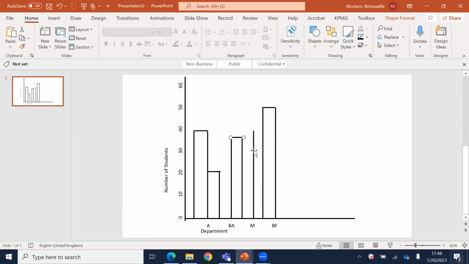Thirty-six and 14. I'm going to know where 14 is. So in the middle of here is supposed to be 15. You go a little bit below to be 14. So that's why we have it here. So then we cover.